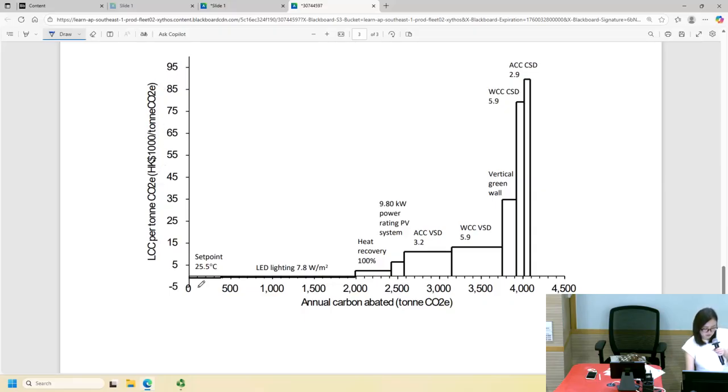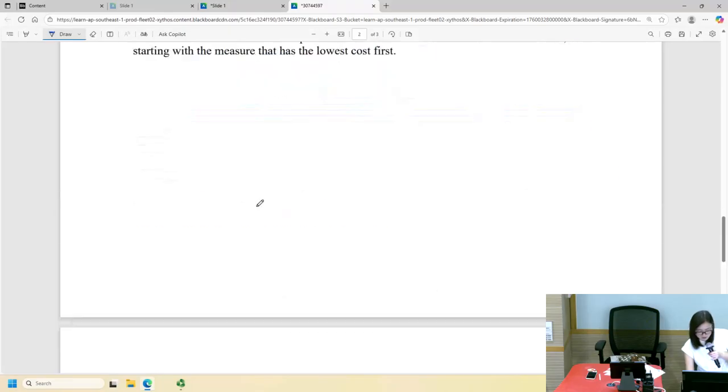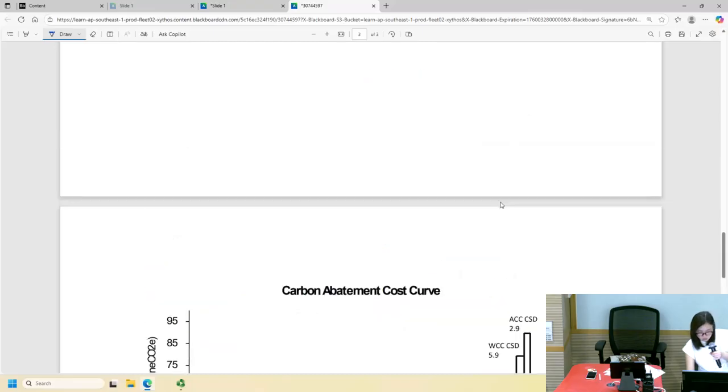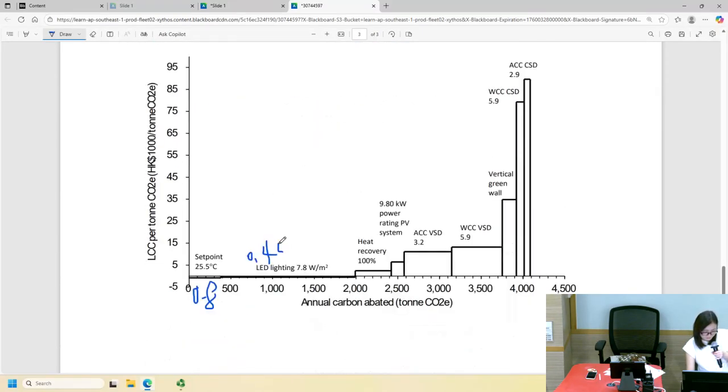So this one is 0.5, this one is around 0.8, 0.835, and then this one is 0.496, and they are negative.